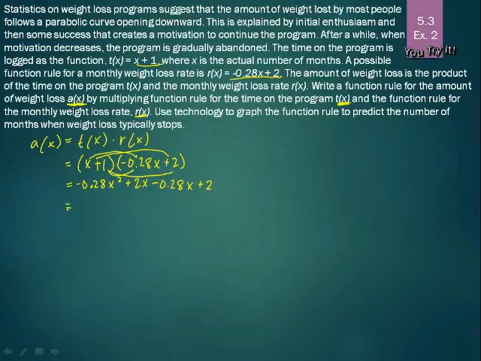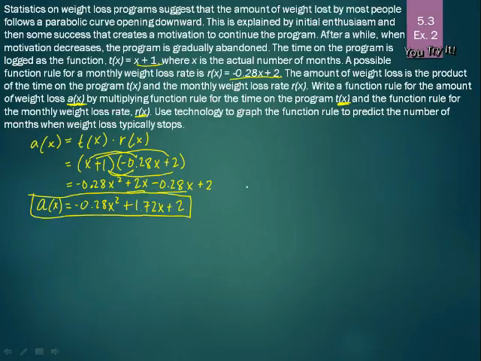Combining like terms, positive 2x minus 2800x gives us negative 2798x. And so there's our a(x) equation: -2800x squared - 2798x + 2.